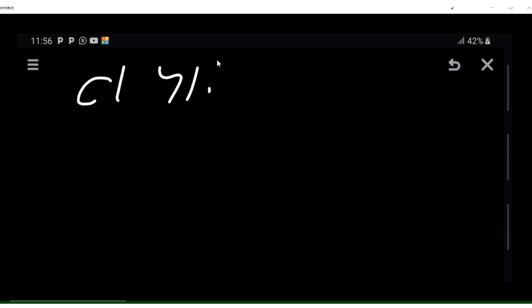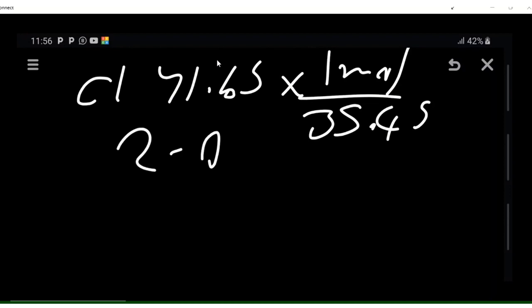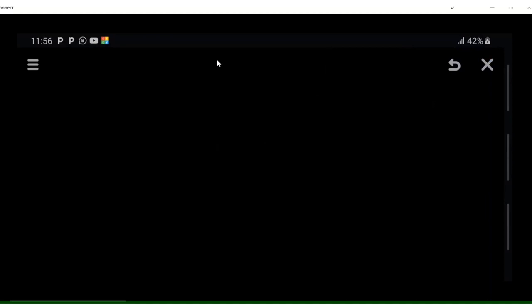So it's 71.65 multiplied by a mole over 35.45. So this one is giving us 2.0211. This is the chloride. Then we go for carbon.